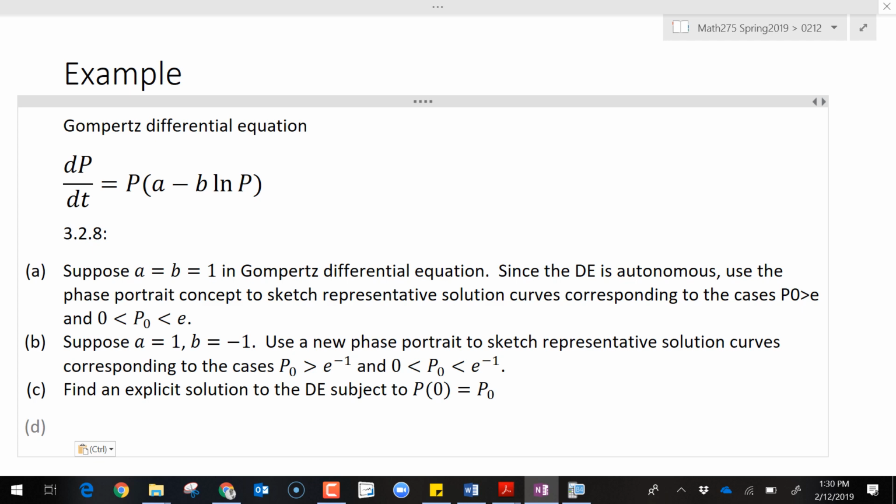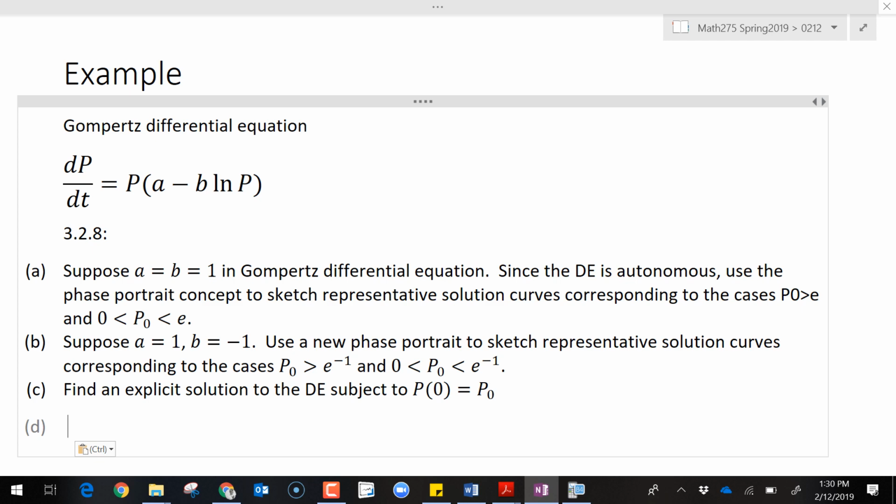So the Gompertz model is used in more accurate population depictions of things, and sometimes, at least I read it in the book, they use it in some actuarial science where they have to figure out probabilities and stuff like that. So you can see that it looks pretty close, except instead of an a minus b times p inside the parentheses, they put an ln there.